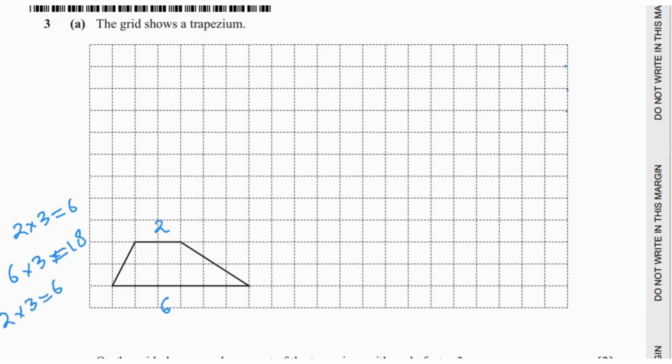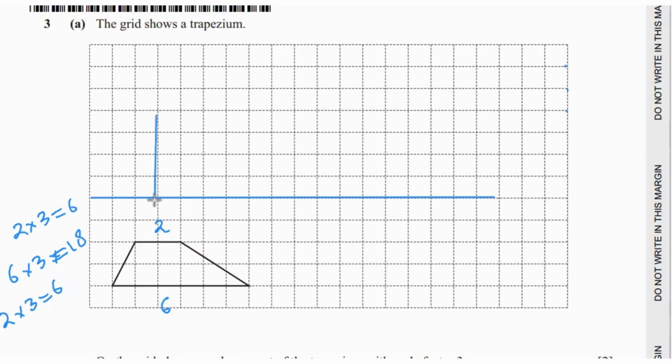So let's start with the base first. 1, 2, 3, 4, 5, 6, 7, 8, 9, 10, 11, 12, 13, 14, 15, 16, 17, 18. Okay, then for the height, that's 6. Over here, since it's 1 unit over, it's going to be 3.